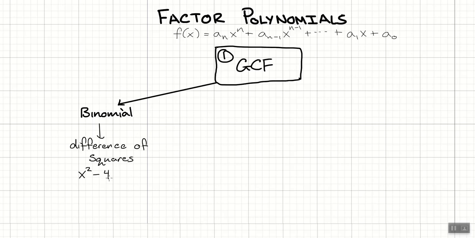Do we have a difference right now? X squared minus 4. Is that a difference? Are they both squares? Do you know the square root of x squared? Do you know the square root of 4? Are they both squares? Oh my gosh, so handy. Check it out. Super easy. X minus 2, x plus 2. Every single time. Is it coming back now as we're doing this?